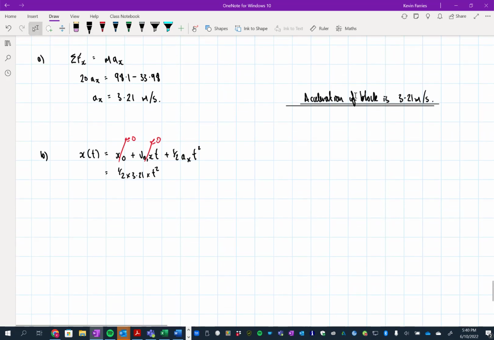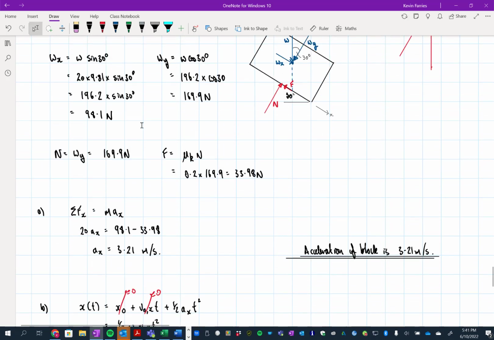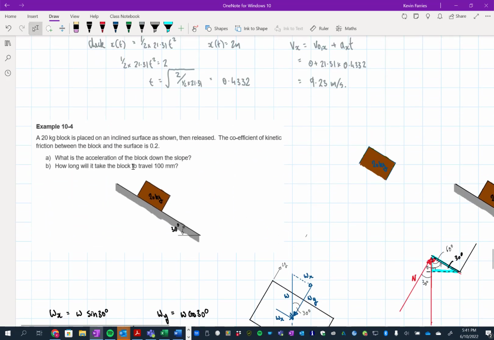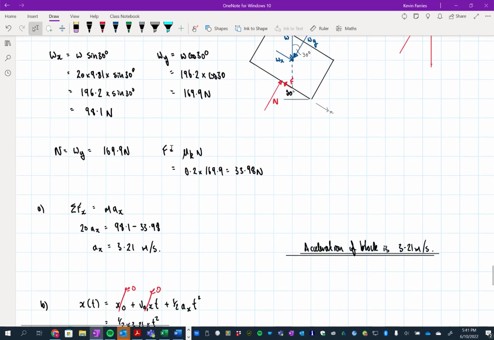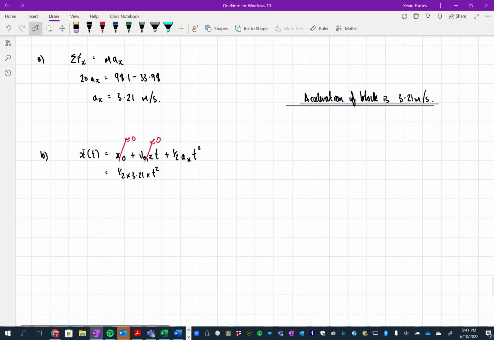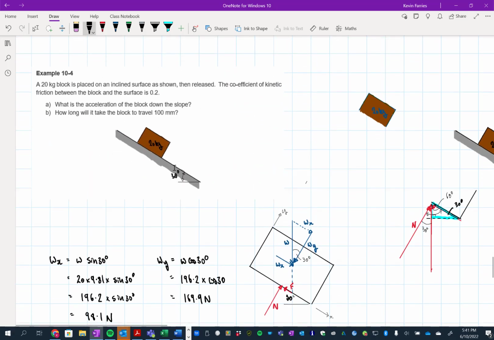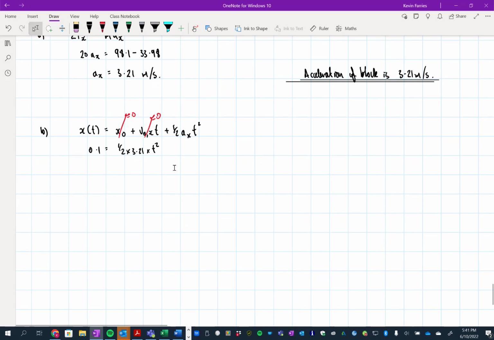And so again, we're back to a kinematics problem. How long will it take the block to travel 100 millimeters? Now we have to be careful here, we need consistent units. This is 3.21 meters per second squared, and it's 100 millimeters, so it's 0.1 meters. Just checking I've got the right answer.